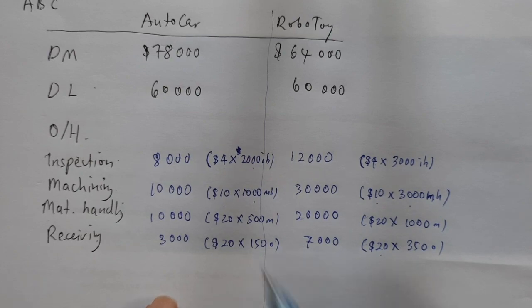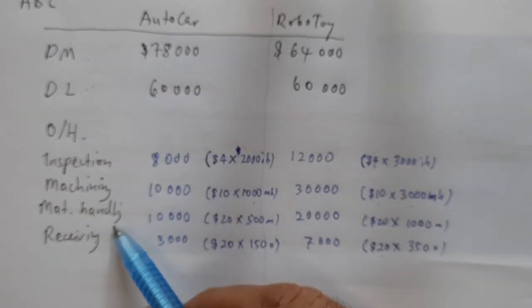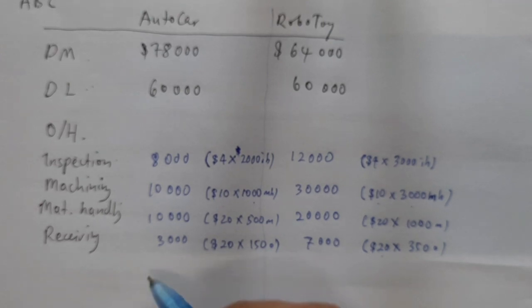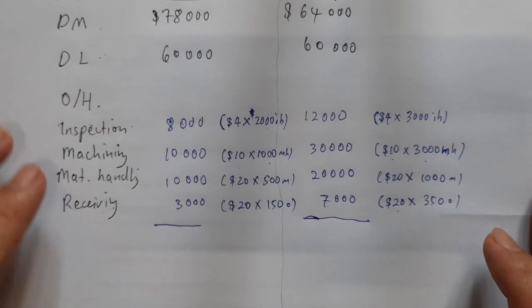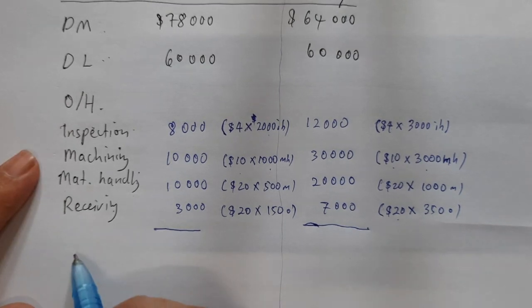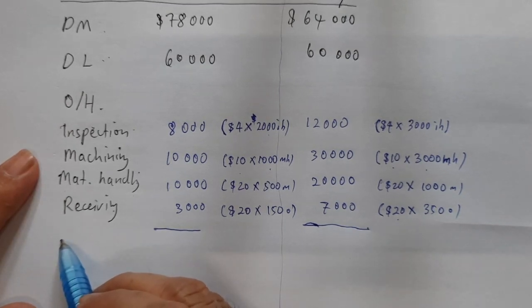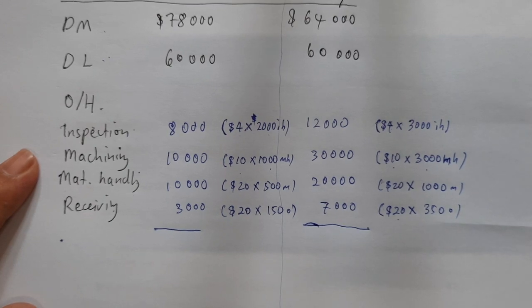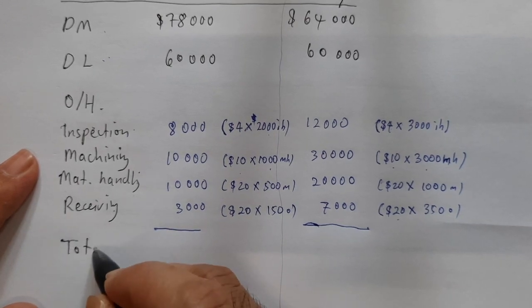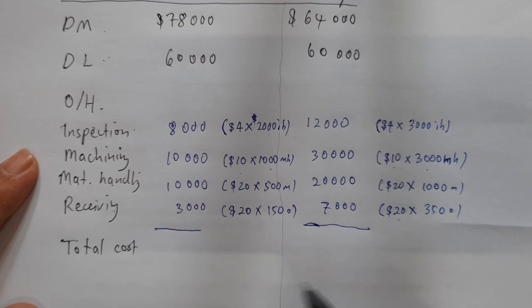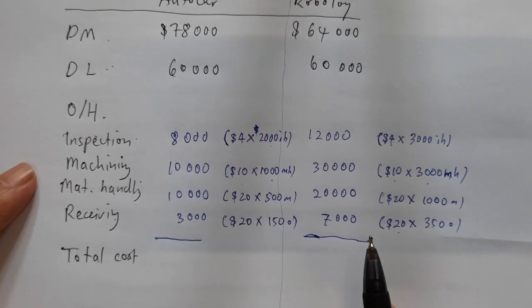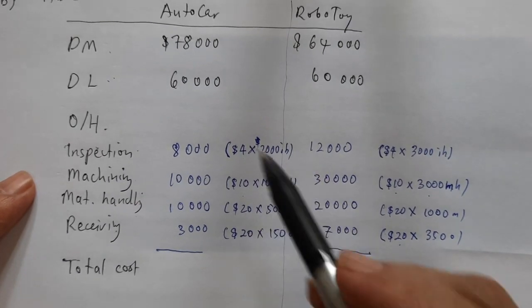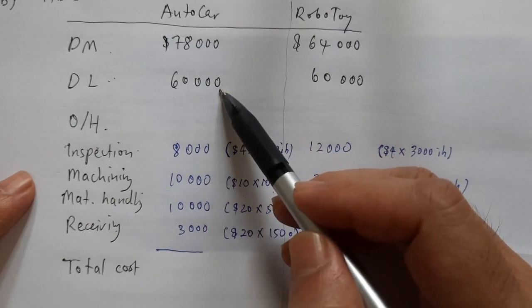Okay, so now you have calculated the direct material cost, direct labor cost, and also the overhead cost. Now, after you have calculated all these three costs, you can calculate the total cost. Total cost is direct material cost plus direct labor cost plus overhead cost.